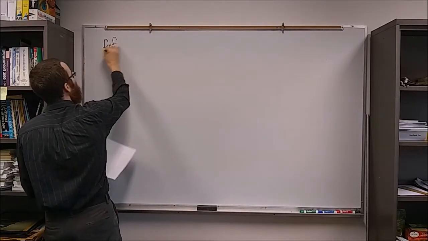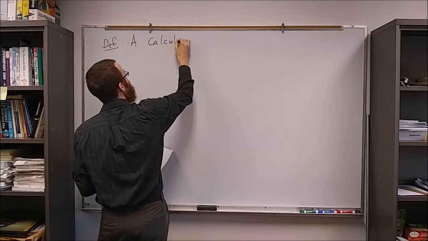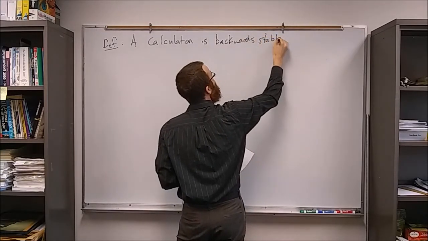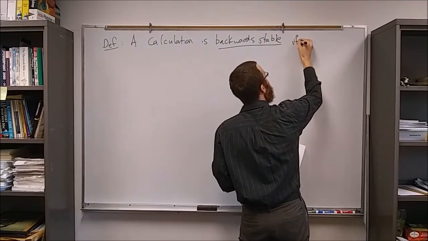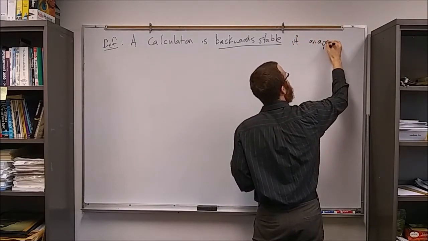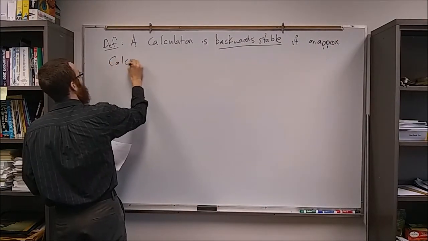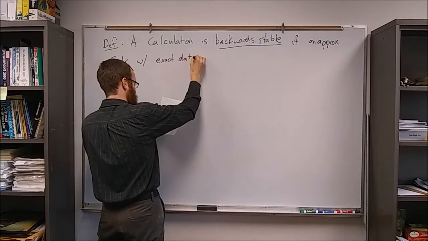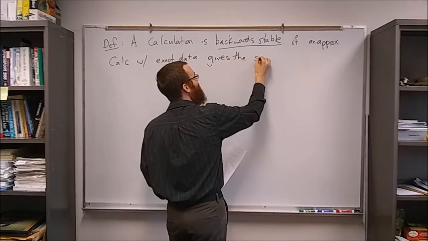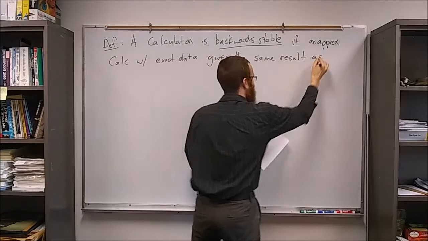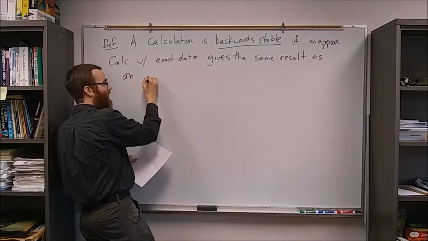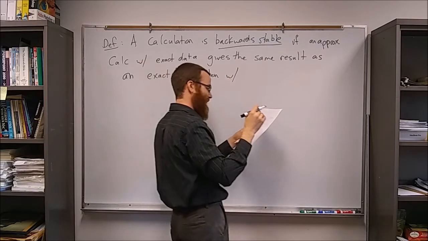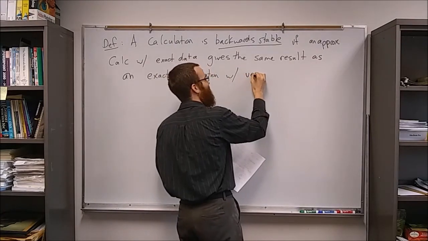So here's the definition. A calculation is backwards stable if an approximate calculation with exact data gives the same result as an exact calculation with very close approximate data.